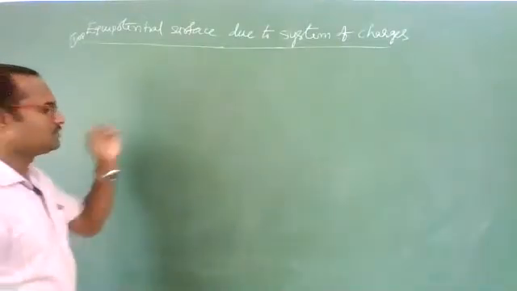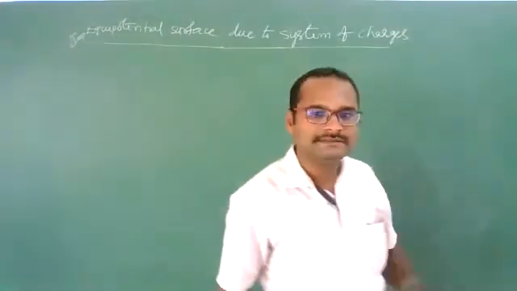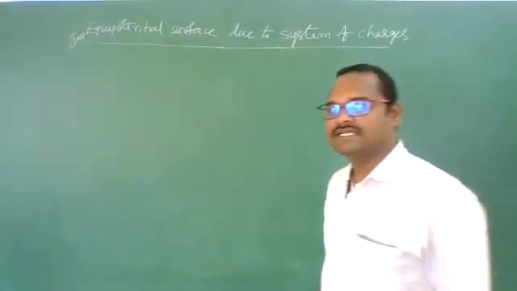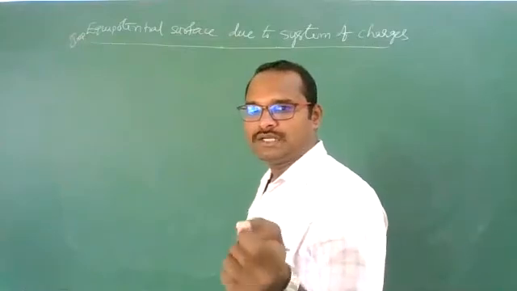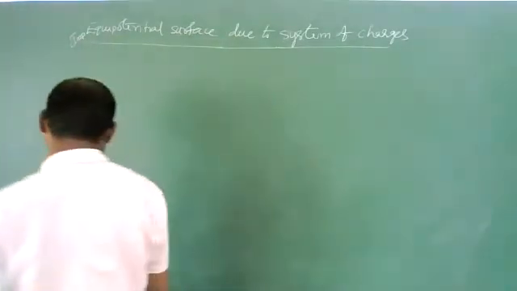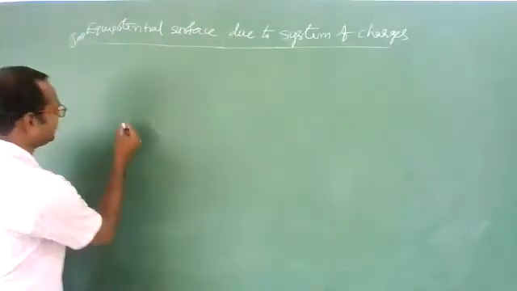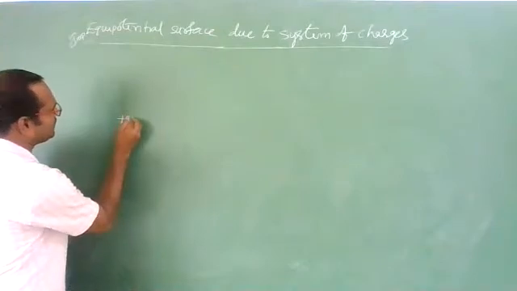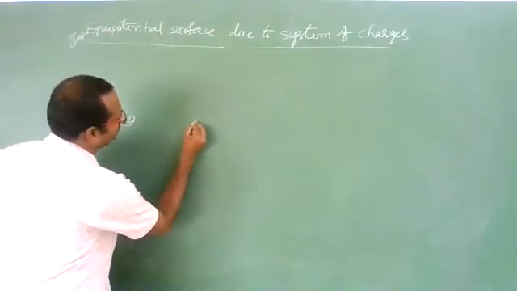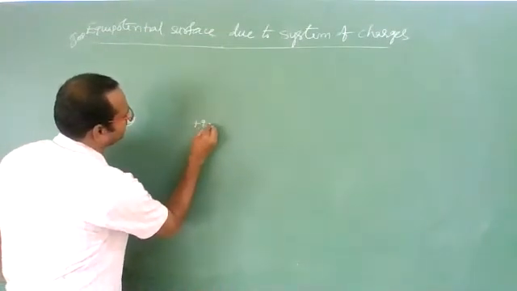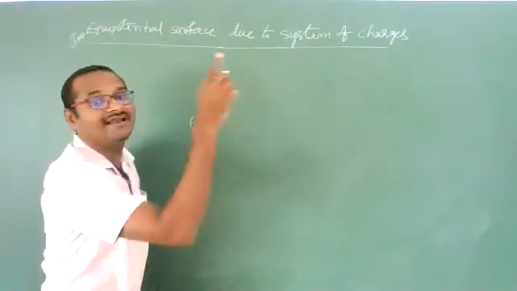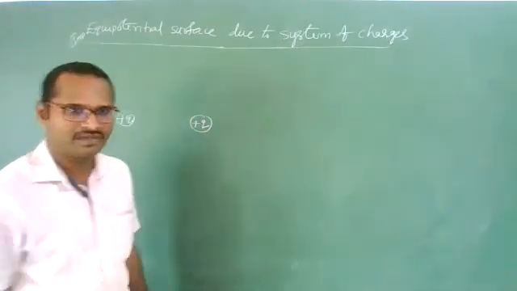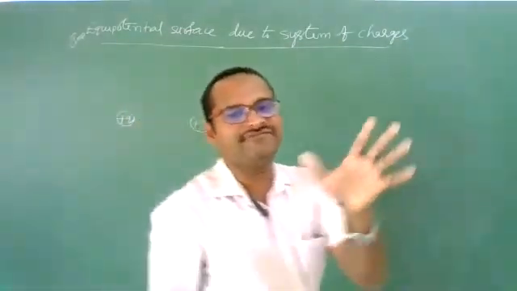Students, first let us take two positive charges, means like charges. One is a positive charge. Another one is also a positive charge. For a system of like charges, now I am drawing. First draw electric field lines.